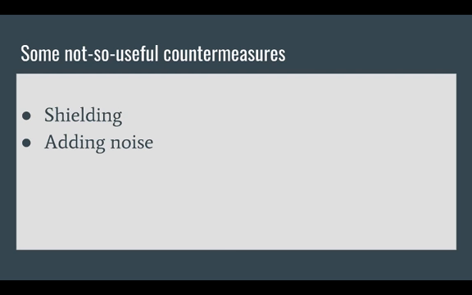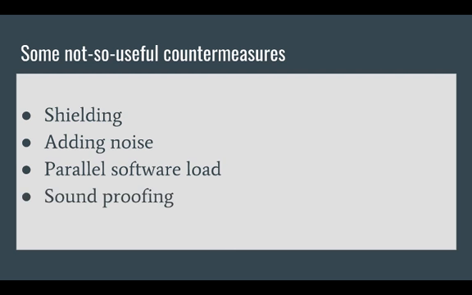And you could even record multiple machines at the same time and distinguish between them. Parallel software load will affect the frequency and move it so it actually just helps the attacker. Soundproofing should work, but it's not practical, since the laptop will always need to have venting.